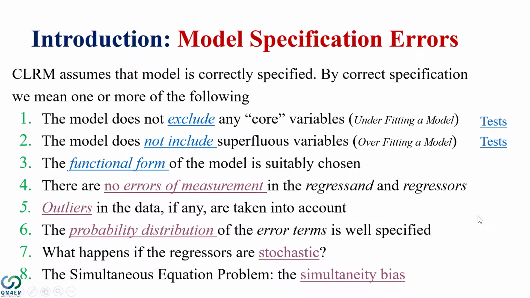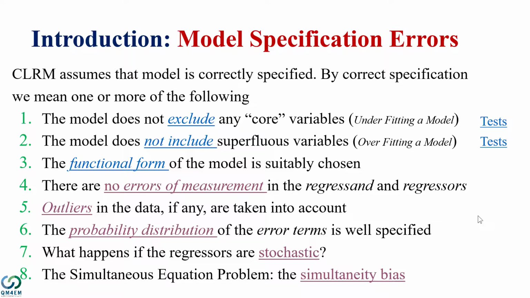slide. So coming back to the main slide, the model specification errors. Till now we have covered all the 8 specification errors. To sum it up, we started with the classical linear regression model assumption that the model which is going to be estimated through OLS under the assumption of the classical linear regression model should be correctly specified.